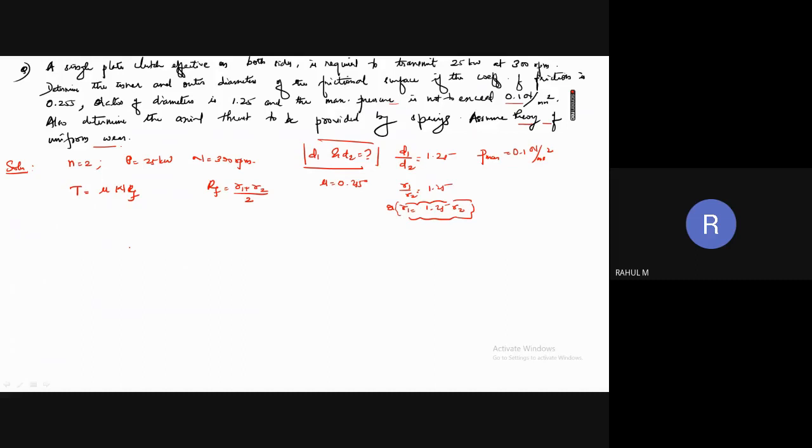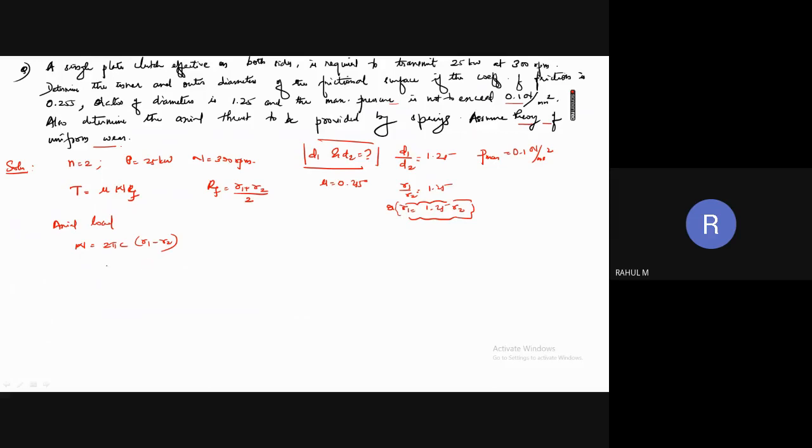Now, your axial load. Axial load W is nothing but 2 pi C into R1 minus R2.